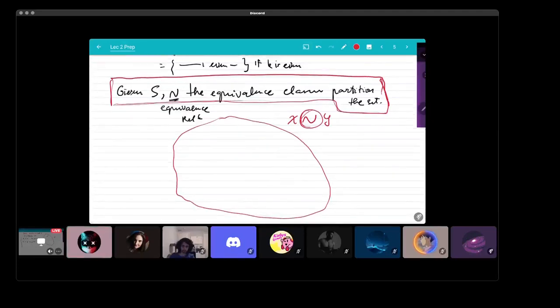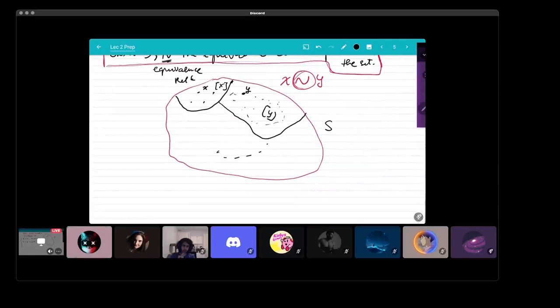It means that if I were to pick an x in S, regroup all elements that are equivalent to it, so this is its equivalence class, pick another one outside of it that's not equivalent to x, y, and then regroup all elements that are similar to y, then do the same until I run out of elements, I will end up with a partition.